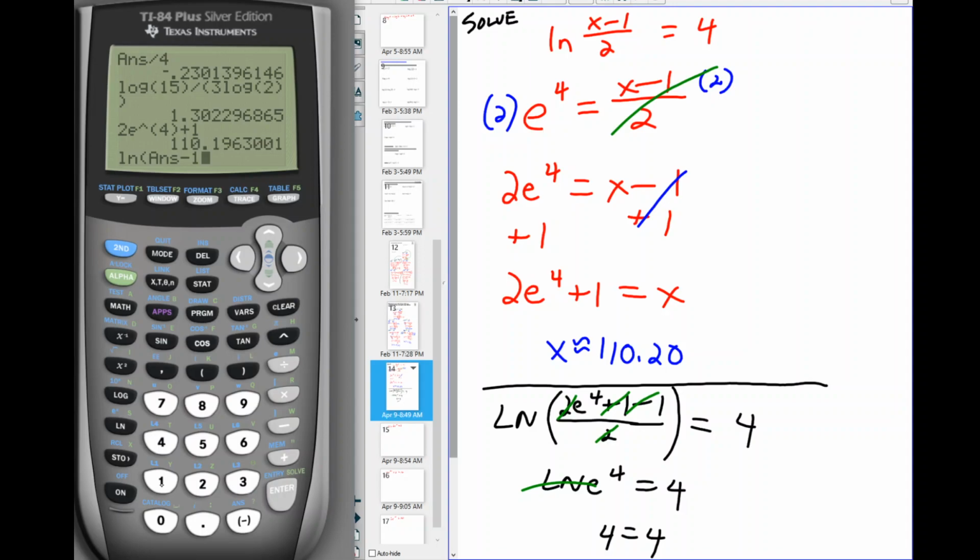Man, I got to divide it by 2. Rattlesnakes. All right, so let's do answer minus 1 in its own parentheses. Close that. Then divide by 2. And then close that. So it's taking the ln of everything. And if I did it properly, what should I end up with? 4.